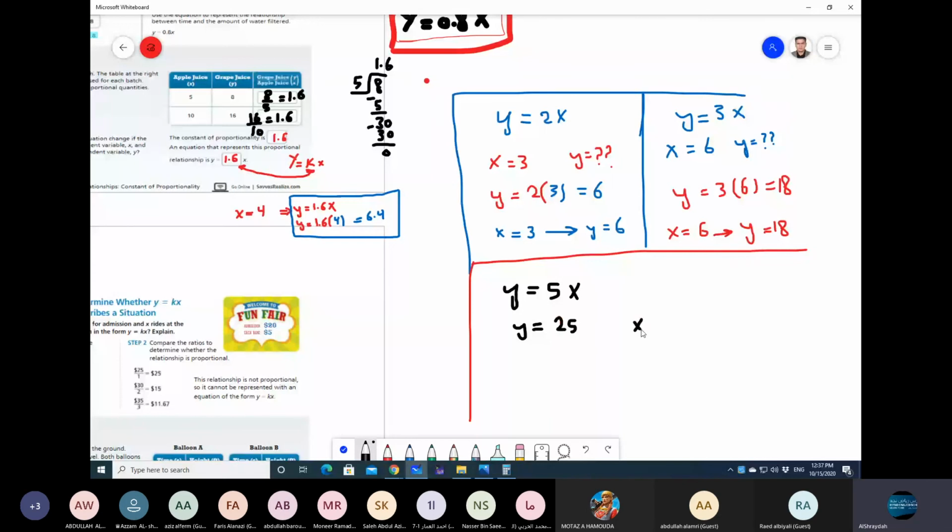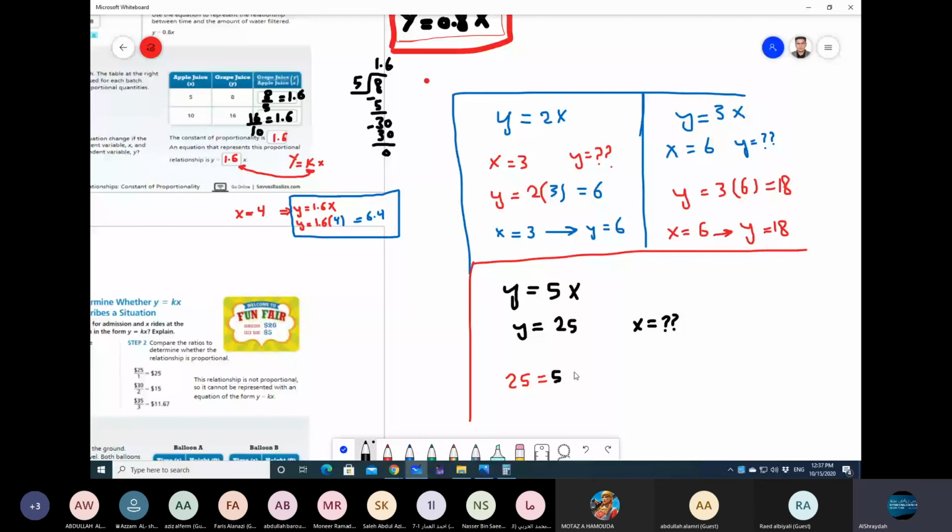What is the value of x? Here you substitute the value of y. The value of y is 25, so you put 25 equals 5x.